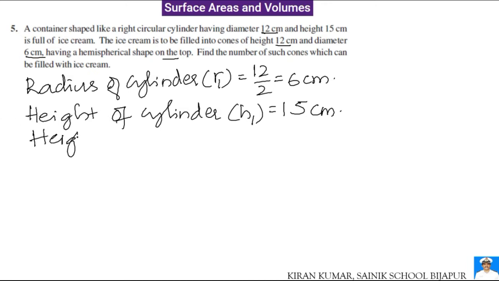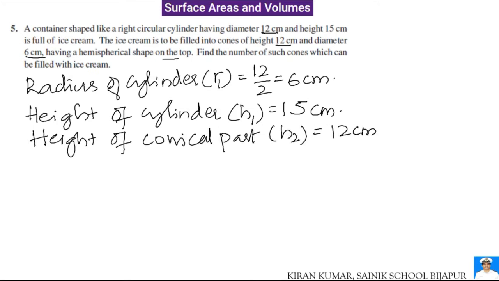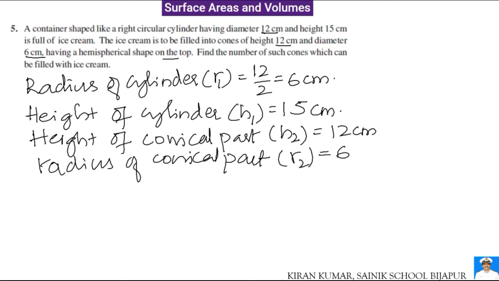Height of the conical part, let me call this H2, which is 12 centimeter. Radius of the conical part will be R2. Let me take 6 by 2 because diameter is given as 6. So 3 centimeter. This will be the same as the radius of the hemisphere.